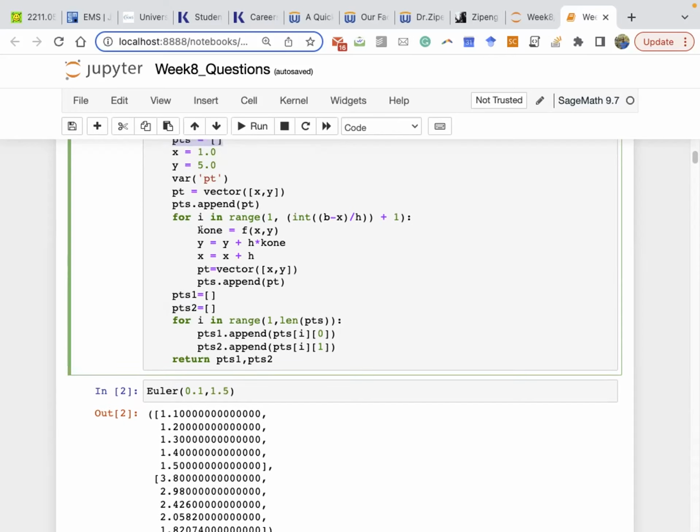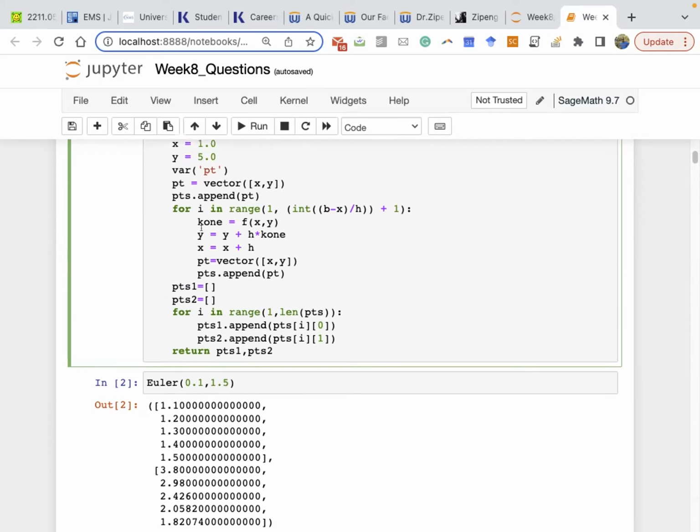Now, K1, sometimes we have K2, sometimes we have K3, K4, in the higher orders. In Euler's method, we have just K1. In the improved version, we have K1 and K2. In Runge-Kutta, we've got up to K6. So I just get the first term and second term, and I update my point.